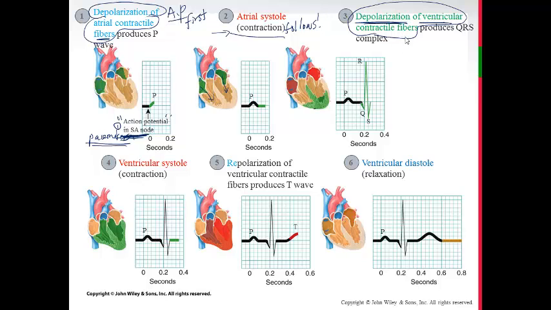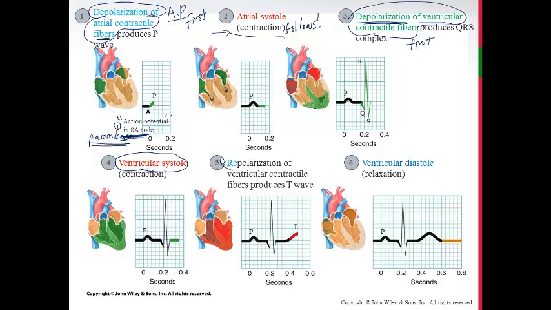Once you have the signal, this is first. The next is your ventricle contractions. So when they contract, they will be able to push out the blood to where it has to go. We'll take a look at where it has to go soon. And then your ventricles are going to relax.